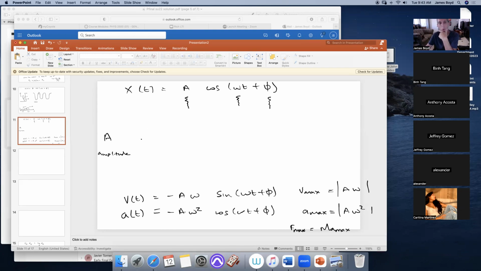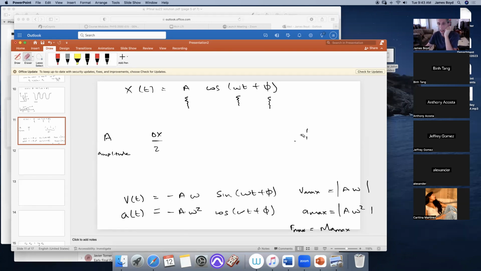You'll either be told what the amplitude is, or if you're told that it travels, remember my block that went from -1 to 1 around 0, the total displacement, delta x, is double the amplitude. This is A and this is A. So if I'm given the total displacement, divide by 2, and that's your amplitude. If I'm given the amplitude, it's just the amplitude.